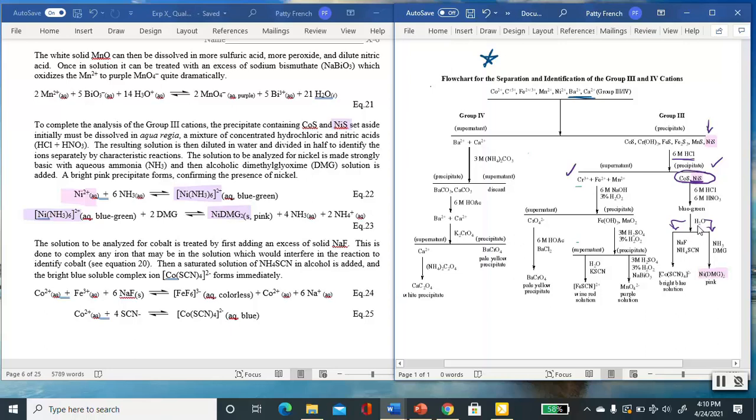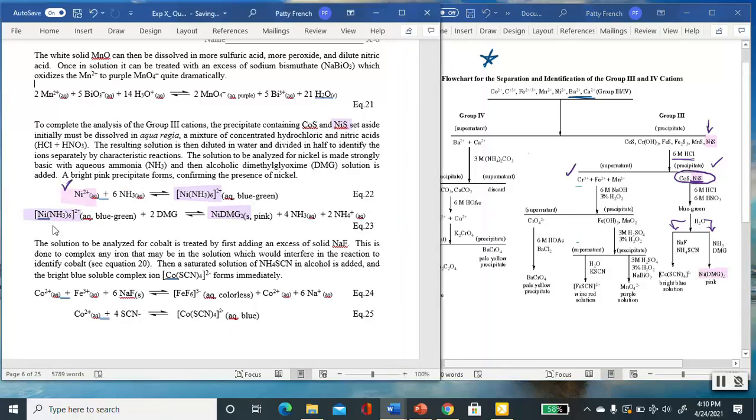We diluted it, and at this point we have nickel just 2+, which we added some ammonia to, and that gave us this complex ion, nickel hexaammine 2+. I don't know the actual name of it, but that's what it is. Nickel with 6 ammonia ligands, overall charge of 2+. Now again, this was a bright blue-green solution.